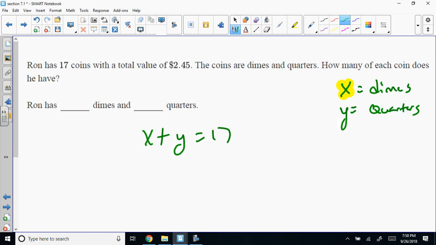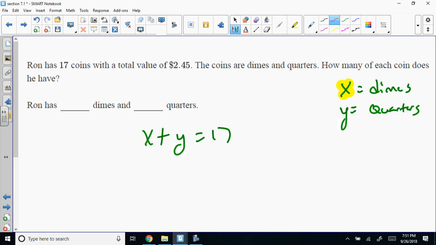Okay, the next equation will happen to deal with a value. Because not only did they tell us how many coins and the denomination of the two coins, they told us how much money we had in value, right? So they told us we had $2.45. Now, you can do this with decimals if you want to, but I'm going to show you how to do this in terms of no decimals, meaning cents, right?